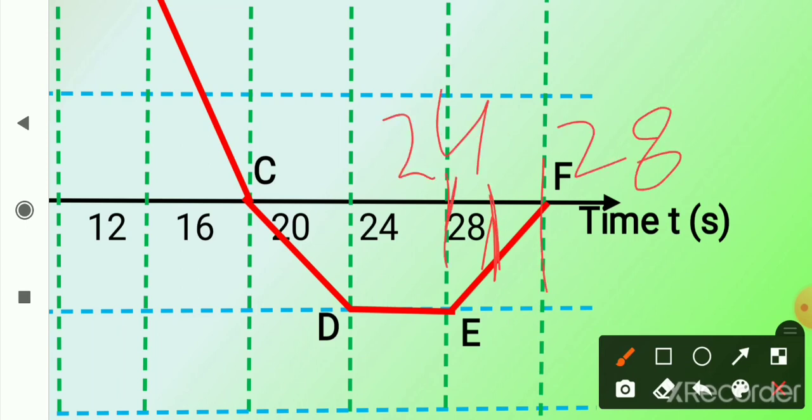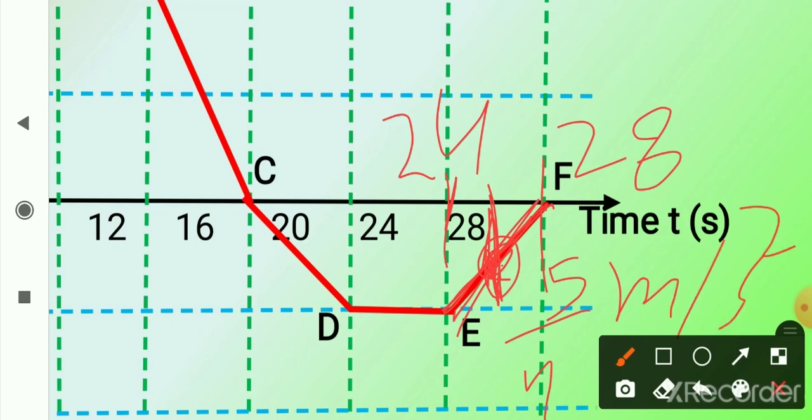So 26 second is somewhere here, and this is part of this graph. So the acceleration of this line is the same acceleration at 26 second, which is also the same 5/4 meter per second square. So this problem is given so that you understand the concept of instantaneous acceleration also.